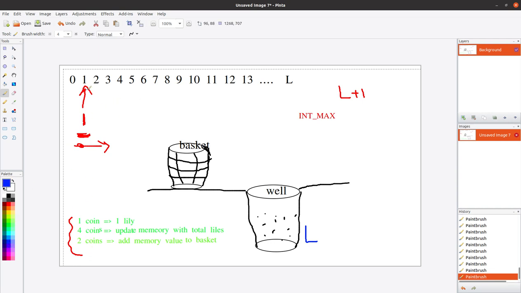We can spend 1 coin at any point and update the value next to it.